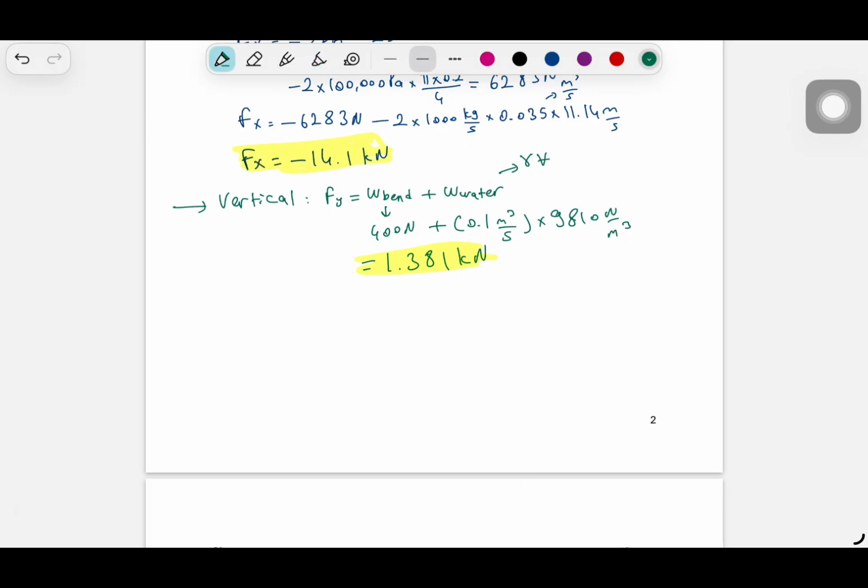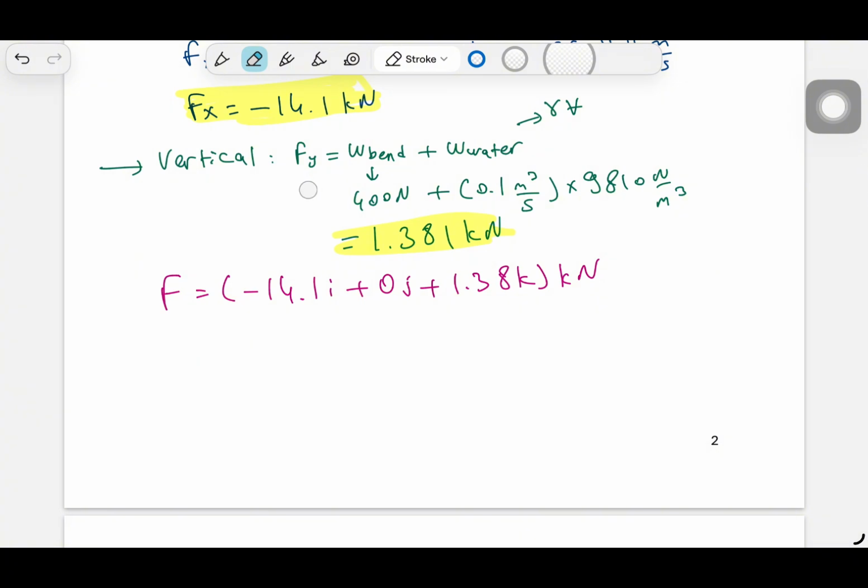So the total force will be minus 14.1 i plus 0 j plus 1.38 k kilonewton. So actually let me correct this one.